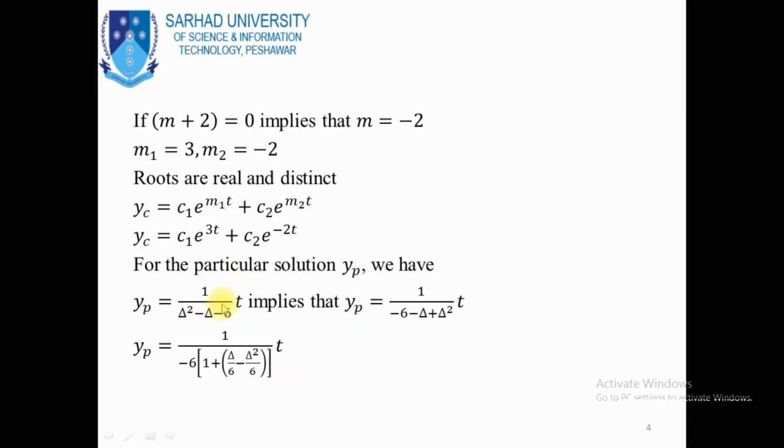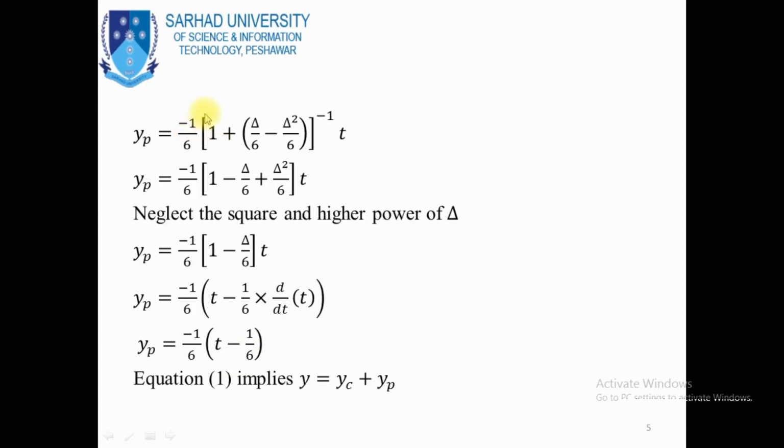Now, inverse operator upon t. Since t is a polynomial, when we apply the inverse operator on a polynomial, we have to use the binomial theorem. Taking the lowest degree term common, minus 6 into 1 plus del by 6 minus del square by 6 into t. Shift this denominator term to the numerator, we obtain minus 1 over 6 into 1 plus del by 6 minus del square by 6 whole power minus 1.